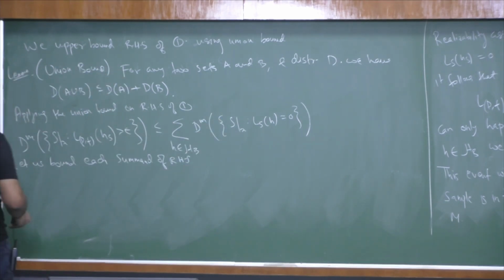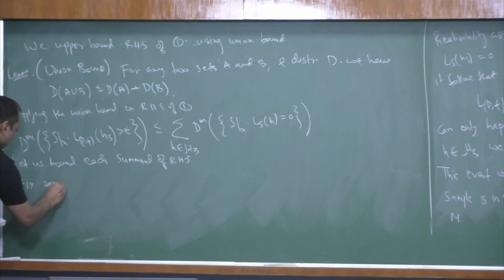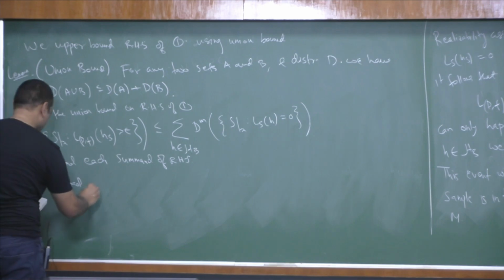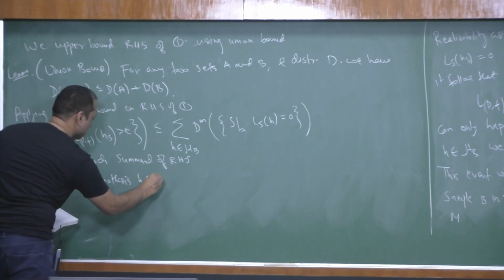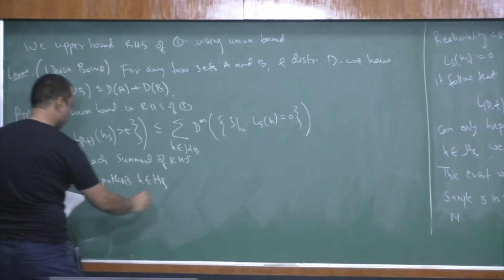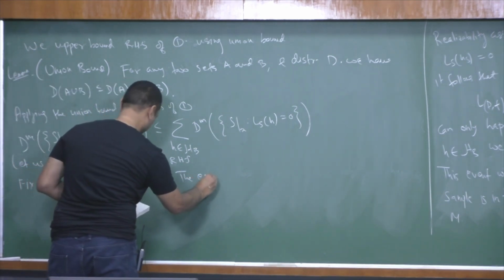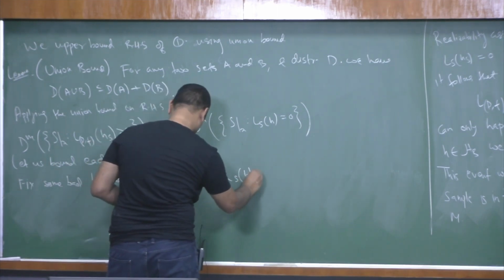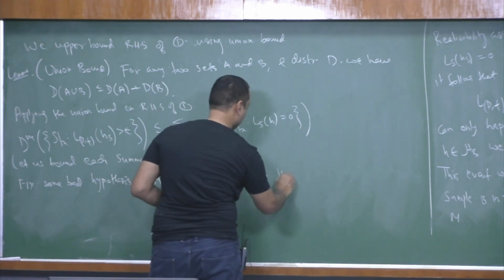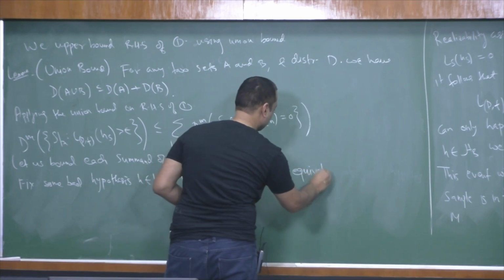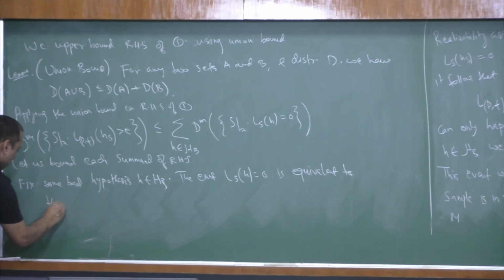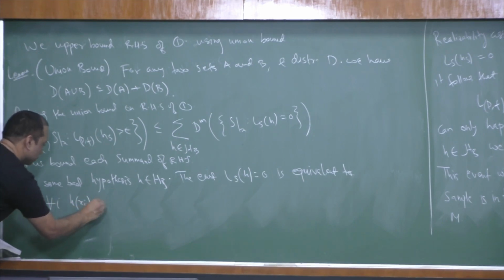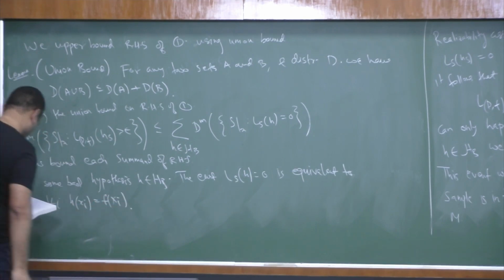Fix some bad hypothesis h in H_B. The event L_S(h) equal to 0 is equivalent to: for all i, h of x_i is equal to f of x_i.